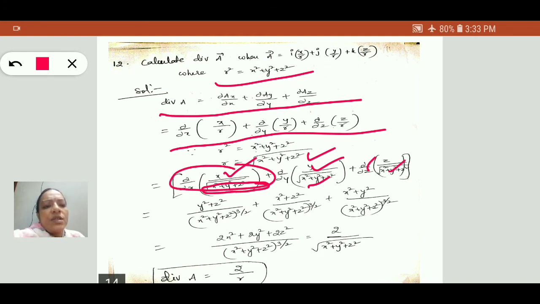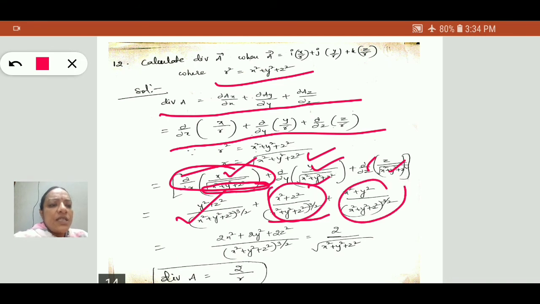If we take the partial derivative of x by the square root of x² plus y² plus z², we get (y² plus z²) by (x² plus y² plus z²) to the power 3/2. For the y term and the z term we get similar expressions. By simplifying, we get (2x² plus 2y² plus 2z²) by (x² plus y² plus z²) to the power 3/2.